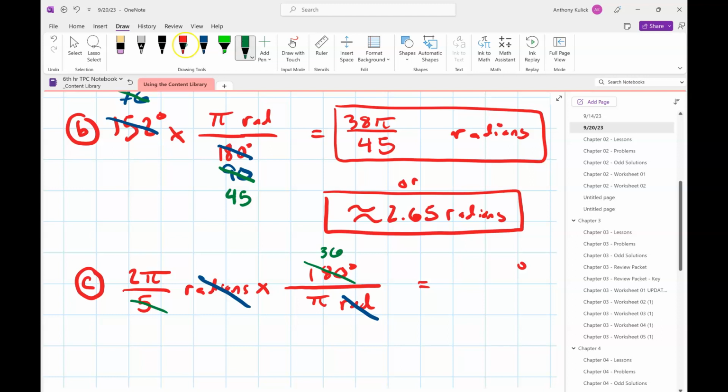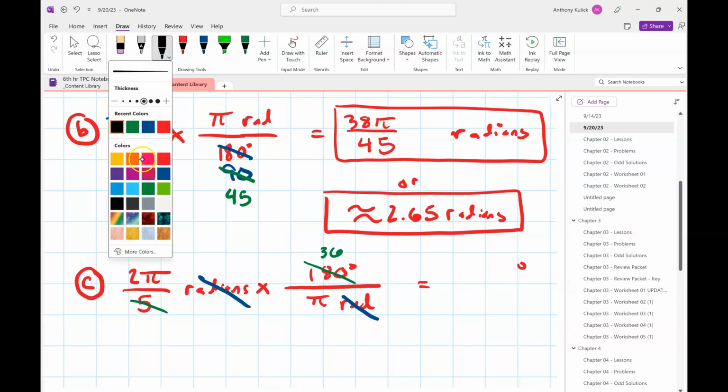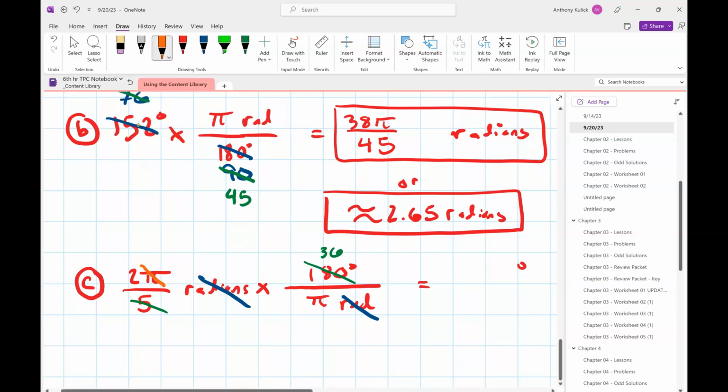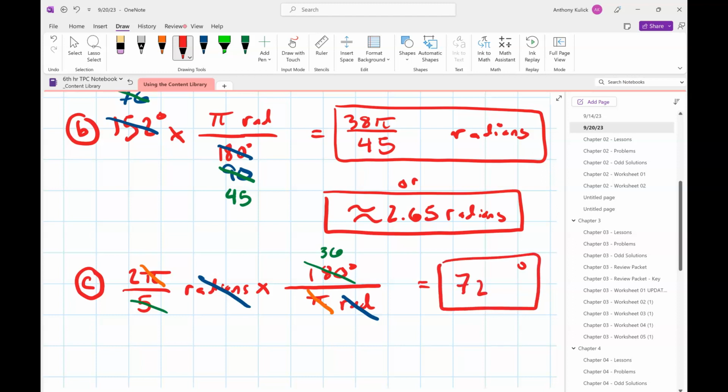And then I notice also that the pi's can cancel, right? What are we left with then? 2 times 36. Now, could you have just typed that all into your calculator also? Sure. But just good review, basic arithmetic review on how to shortcut through multiplying fractions. But yeah, you could have typed that all into your calculator and just pressed enter, sure.